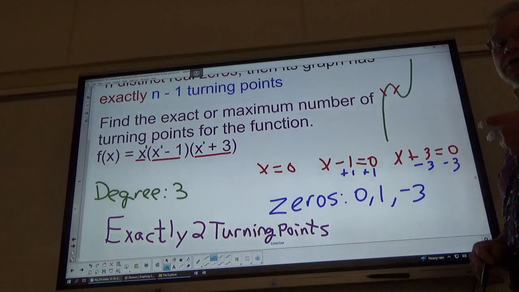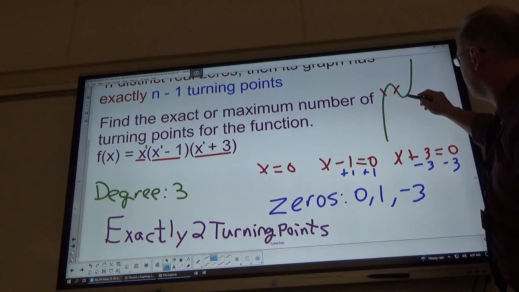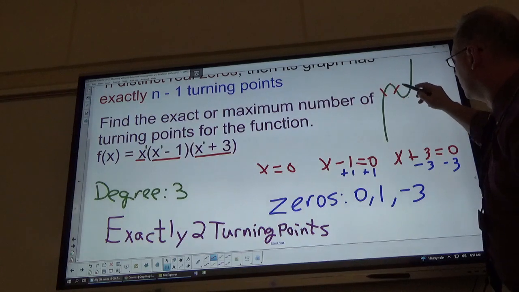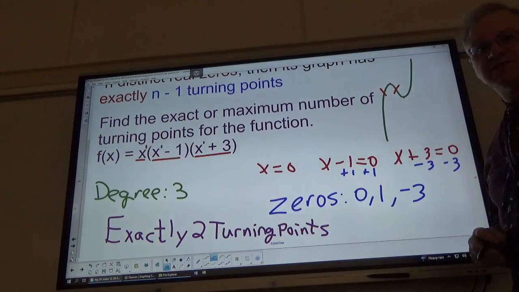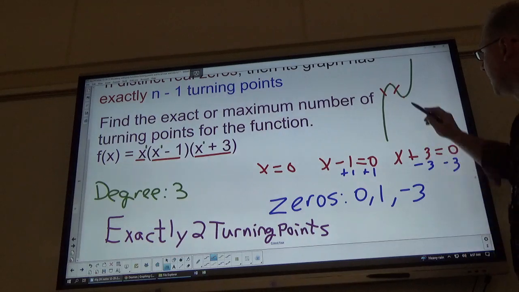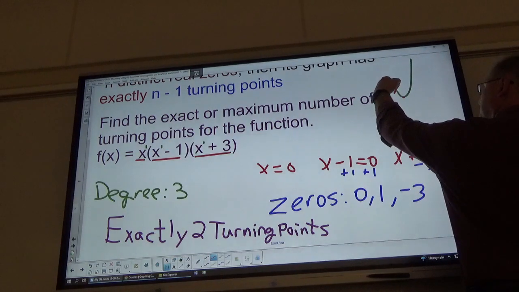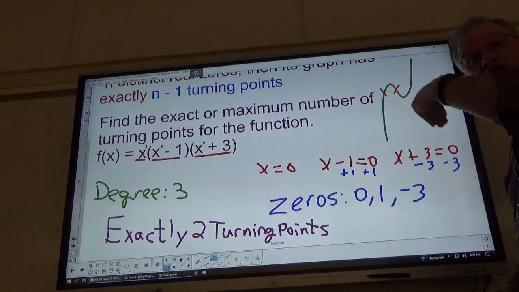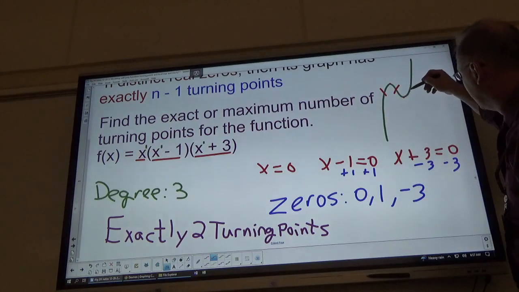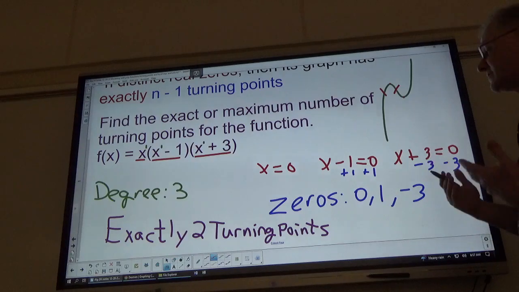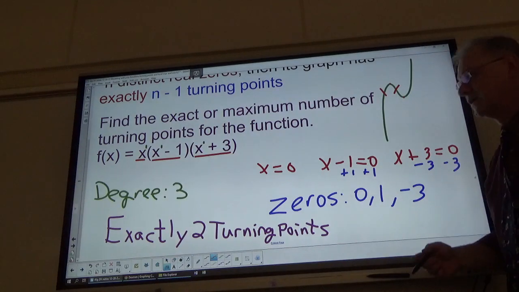That's called a local maximum. And then there's a local minimum here. Each of those local maxes and local mins is a turning point, because the graph is going up, and then after this point, it starts to go down. So it turns. It's going down, and now it's starting to go up. That's a turn. So turning points.